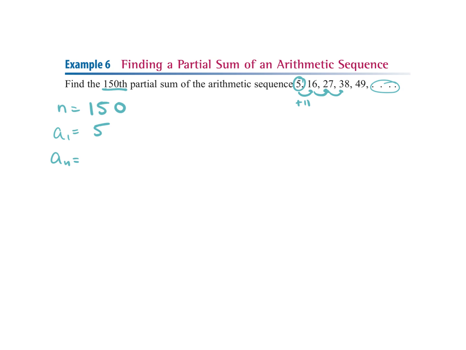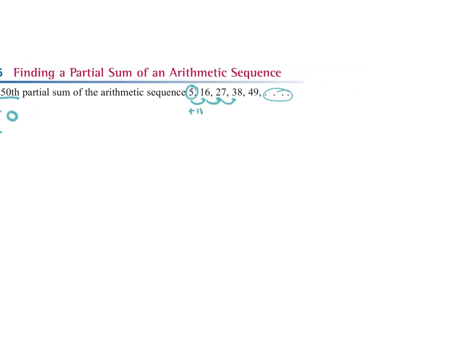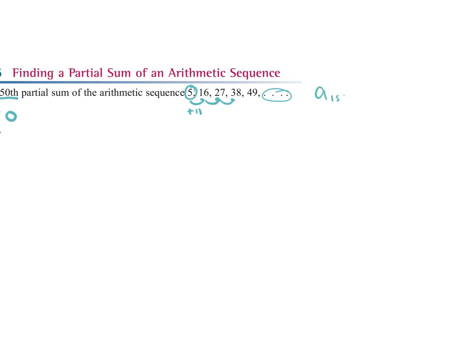Let's tie in what we did in part 1 to help us find the 150th term. So to find a sub 150, I need to use my other formula. We could either use a sub 1 plus n minus 1 times d, or we could use d times n plus a sub 0.